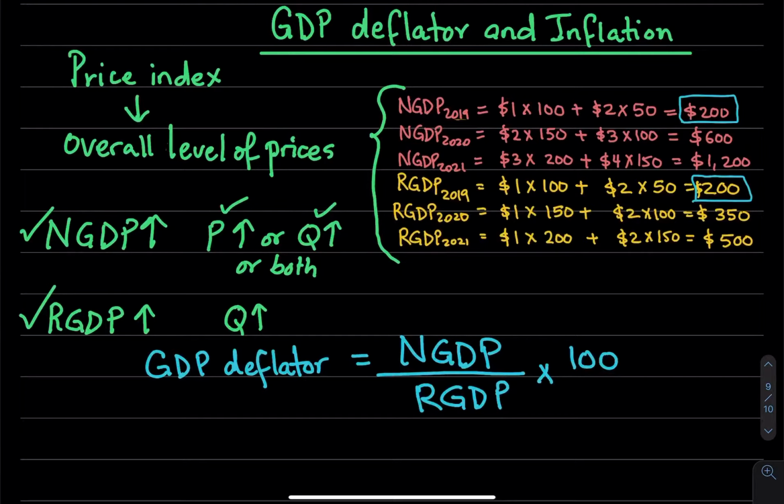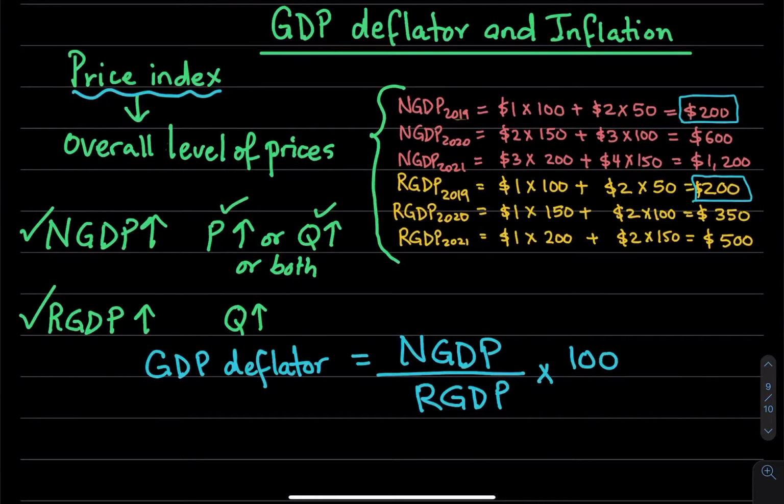Nominal and real GDP both are measured in dollar terms, or whatever other currency you might be looking at, but that currency in the numerator and denominator gets canceled out. So what you have ultimately is just a number, and the number by itself doesn't make sense. What we have to do is compare what is going on with the GDP deflator over time. It is a price index, so it's not going to make sense by itself. We have to compare one year to the next.